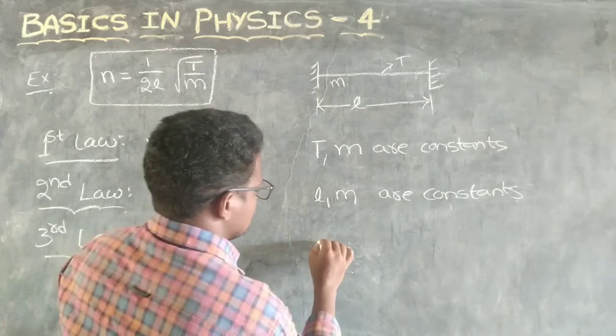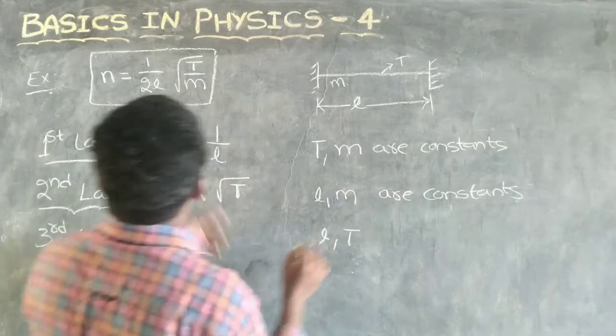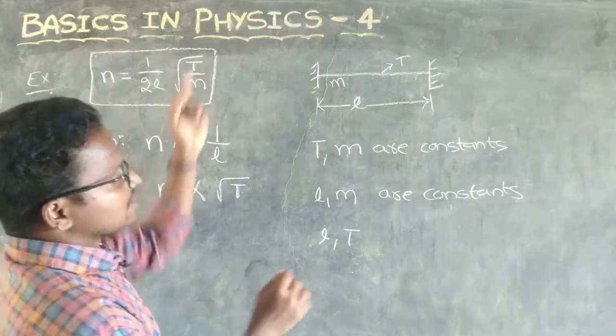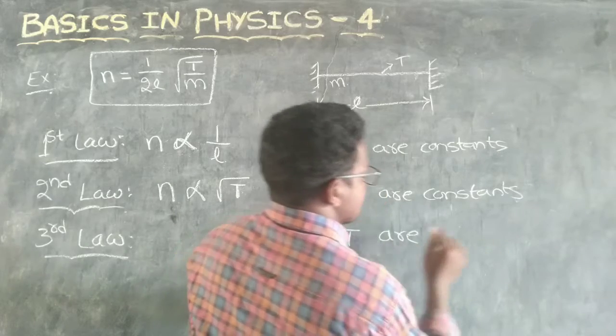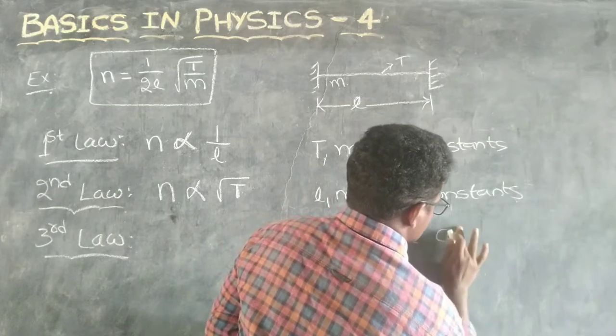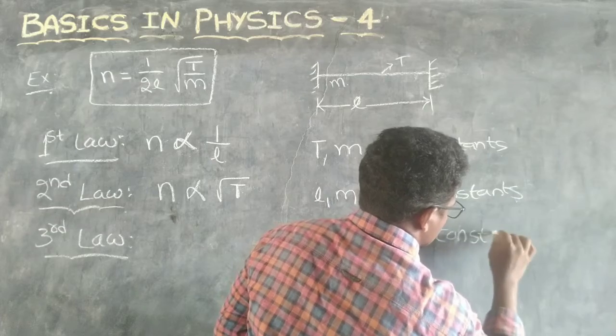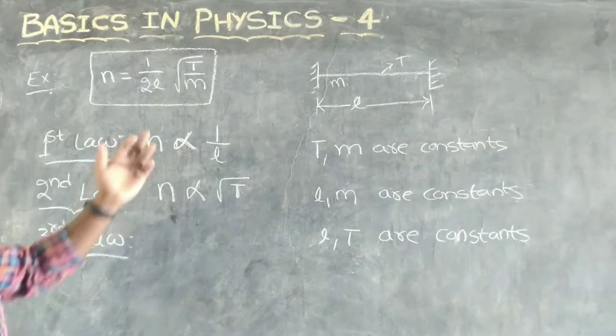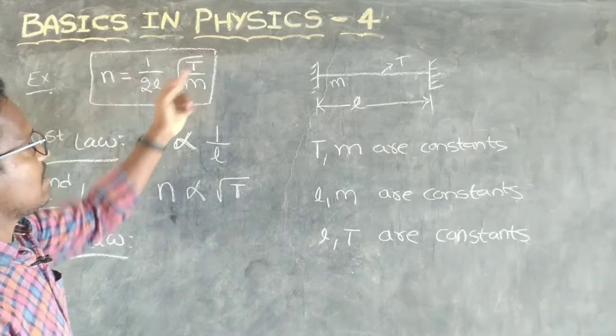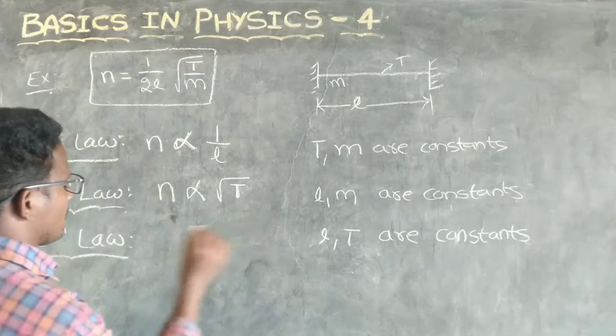This time L and T are constant, meaning length and tension are constant. Here length and tension are constant. What's happening?